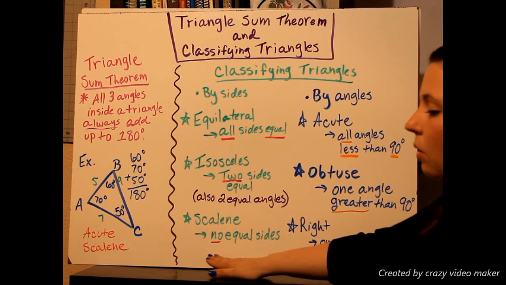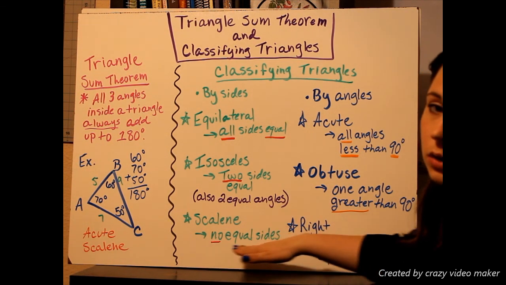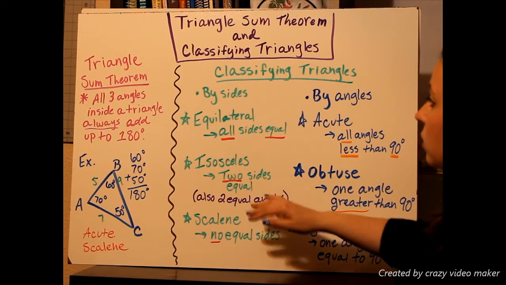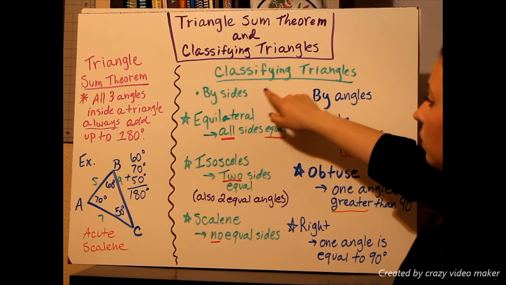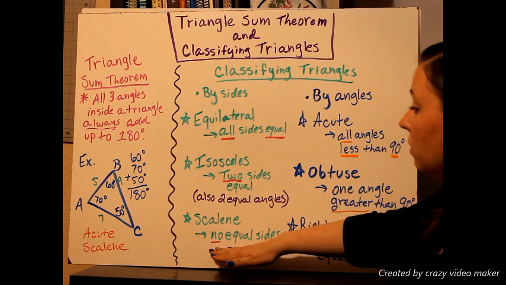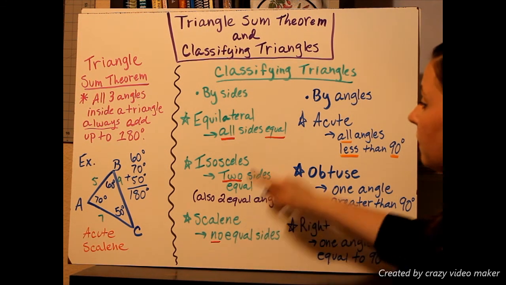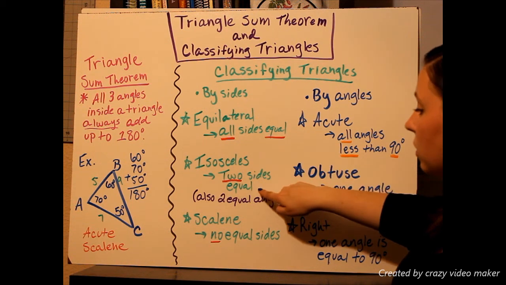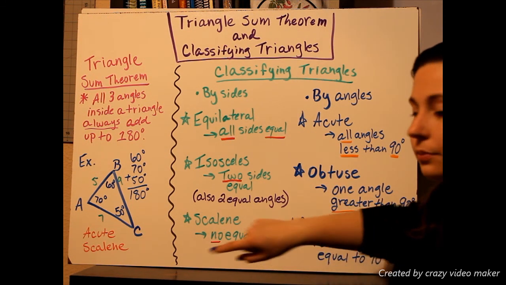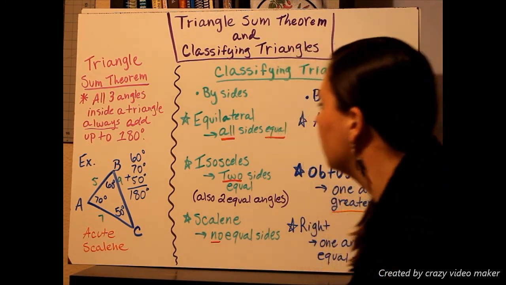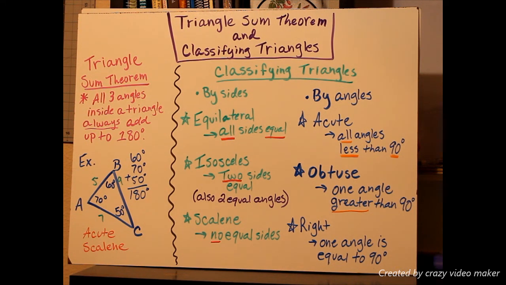That means that no sides of your triangle are equal. So you need to make sure that you're writing down about classifying triangles. The first way you classify them is by their sides, and make sure you put all the descriptions for each: equilateral, isosceles, and scalene.